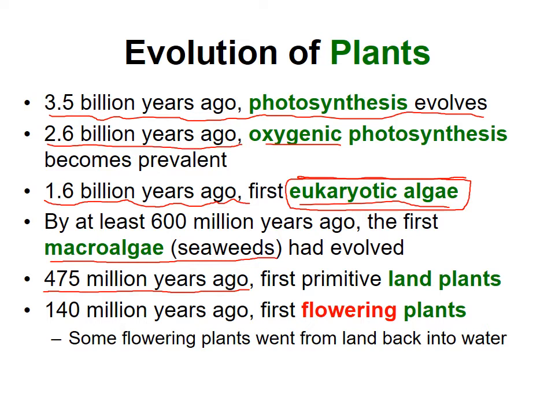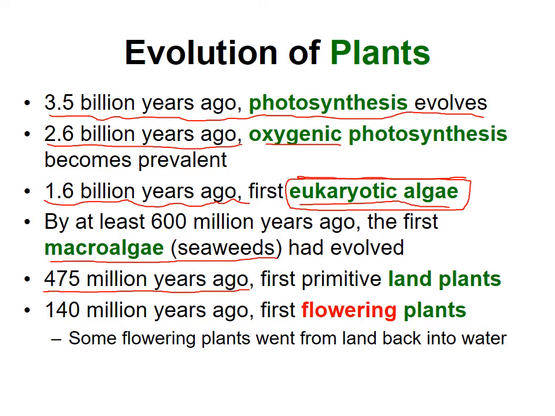But gradually land plants developed ways to tolerate drying out, to reproduce in an air environment without needing water for their gametes to travel in, and land plants sort of exploded and colonized the entire land.